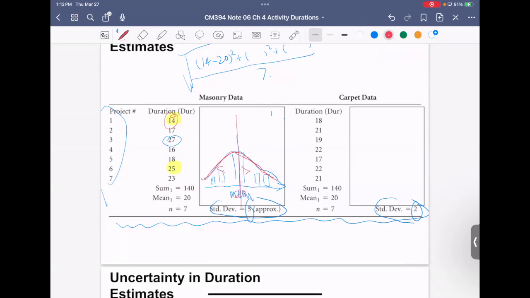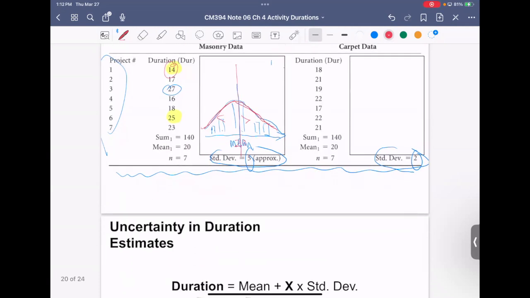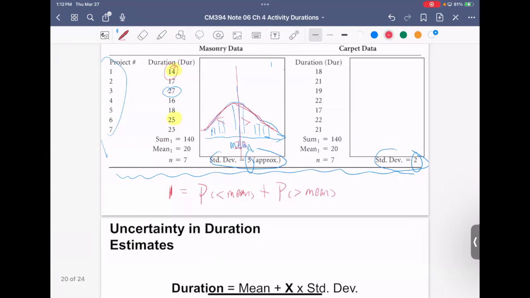So that means we have this: the one is equal to the probability of less than the mean plus the probability of more than the mean. Does that equation make sense to you? The one here we call 100 percent, right?